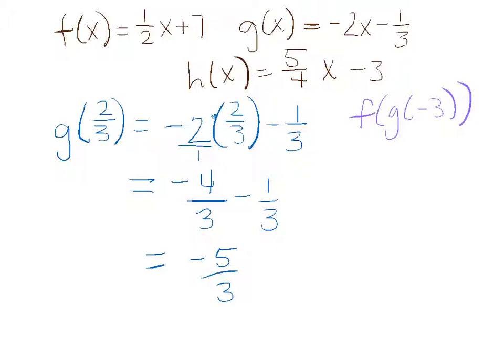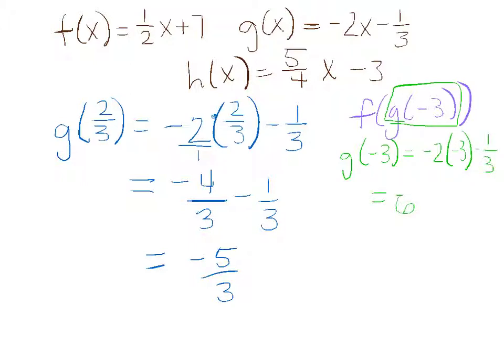So first let me do g of -3 in green here. -3 is an x value, so that's -2 times -3 minus 1/3. That's going to give me +6. -2 times -3 is a +6, minus 1/3.